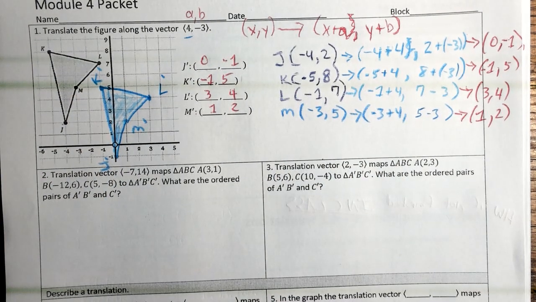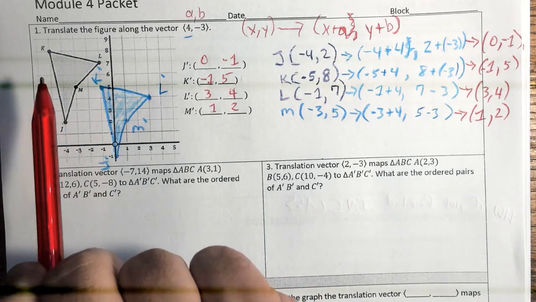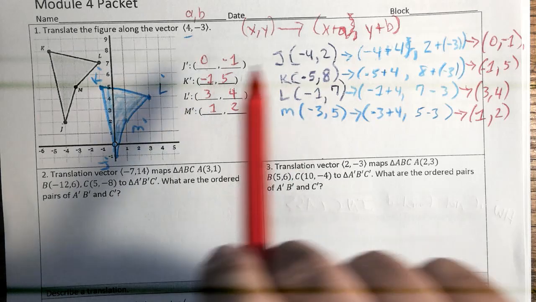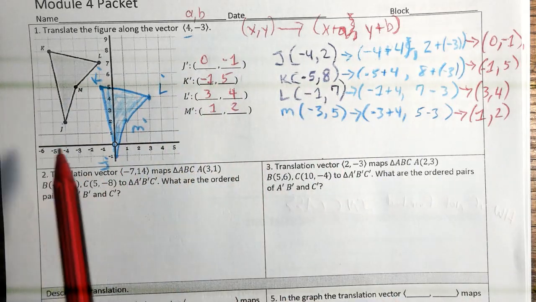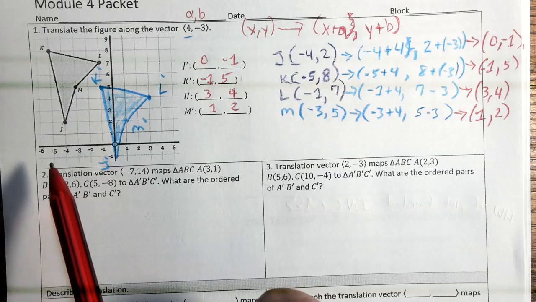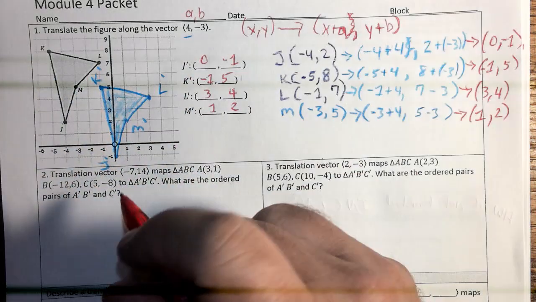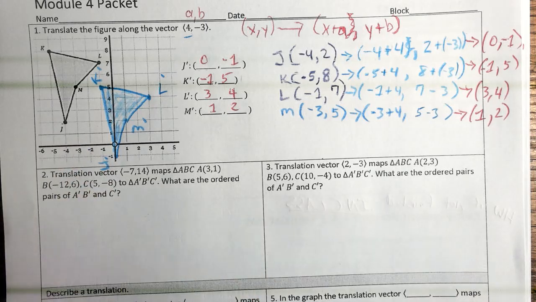All right, so now to show you this. When we use this math and we got this, and it scoots over, it's 4 this way, that's your direction, and negative 3, that's your magnitude. So the way to check this, I don't want to use the red pen.